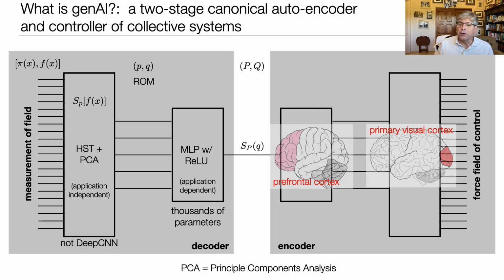The circuitry of the HST plus PCA is most likely found in the primary visual cortex of the brain, and the circuitry of the MLP with ReLU is most likely found in the prefrontal cortex of the brain.